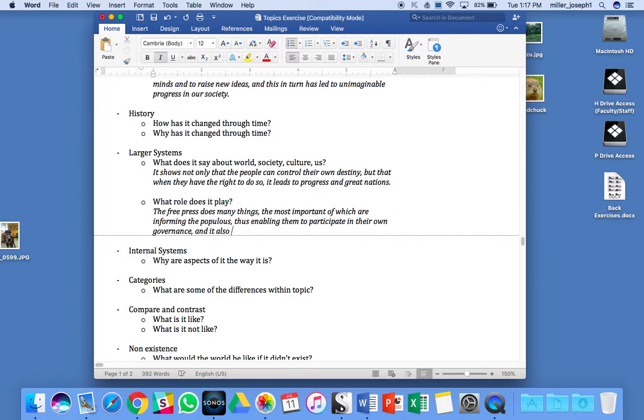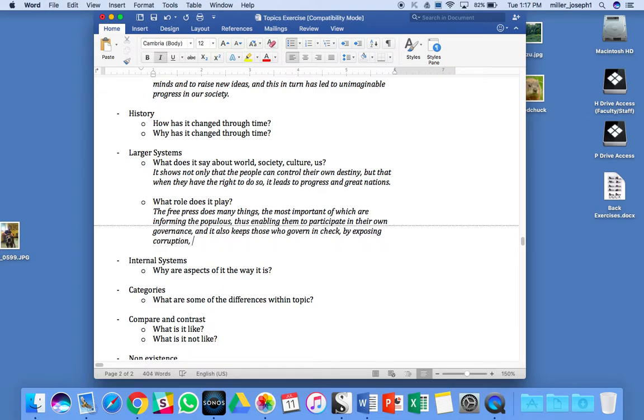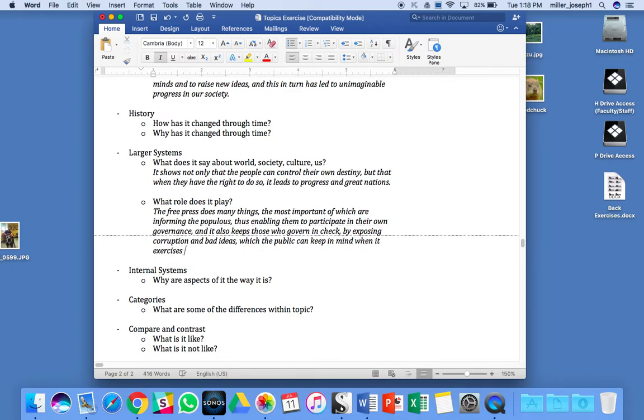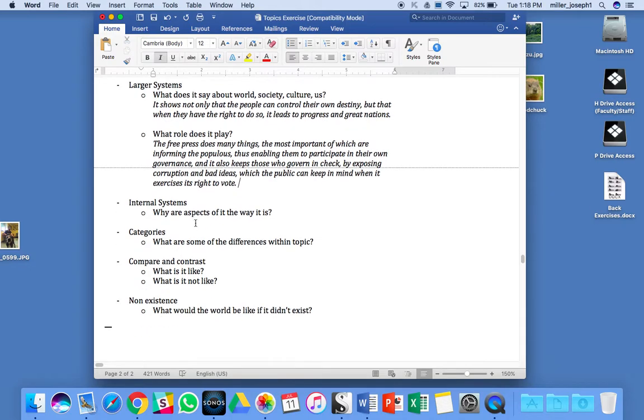And it also keeps those who govern in check by exposing corruption, bad ideas, let's say corruption and bad ideas, that sort of covers just about everything, which the public can keep in mind when it exercises its right to vote. That's good.